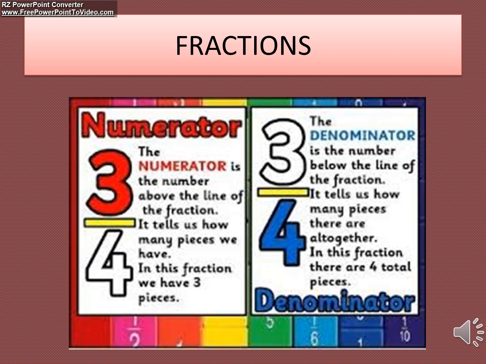So your 3 is the numerator and 4 is the denominator. The number which is above the line is a numerator. The number which is below the line is called a denominator. Students, you should know that. Please keep this in mind, numerator and denominator.